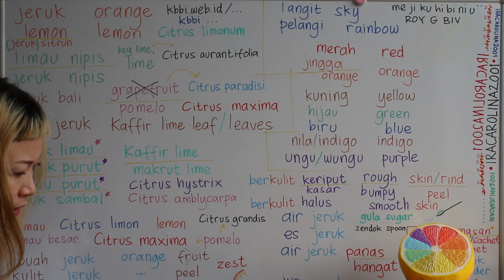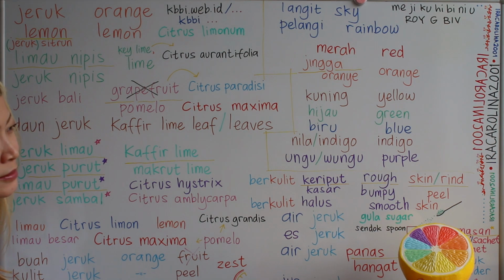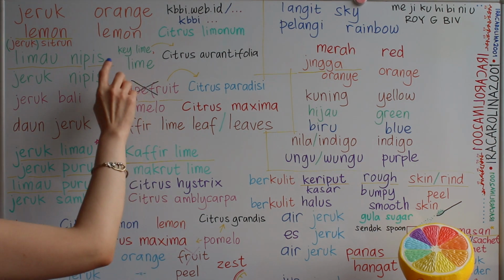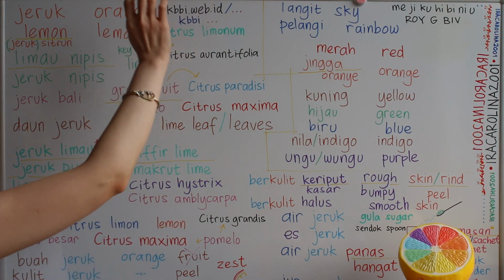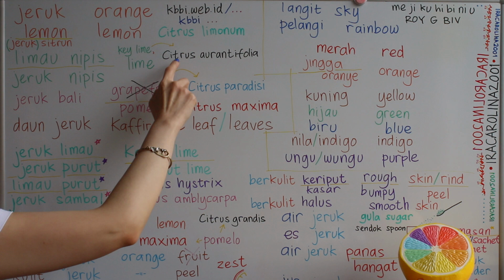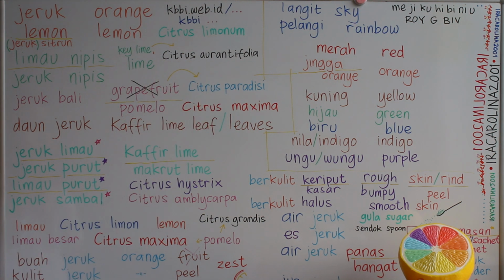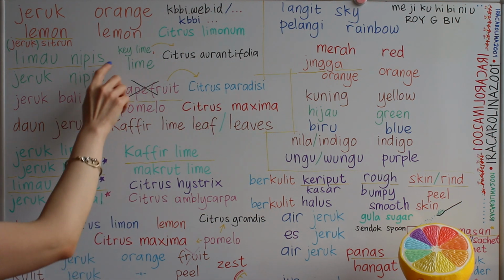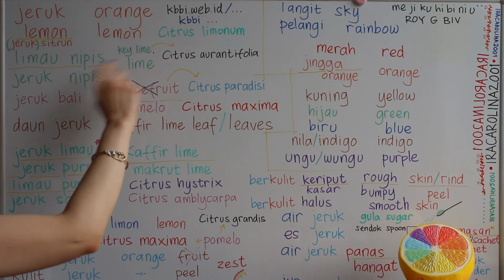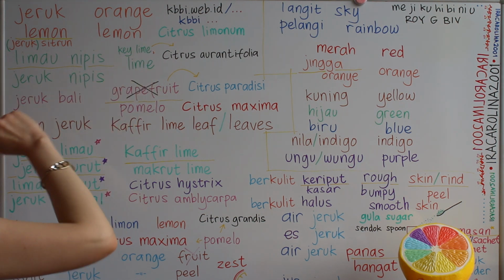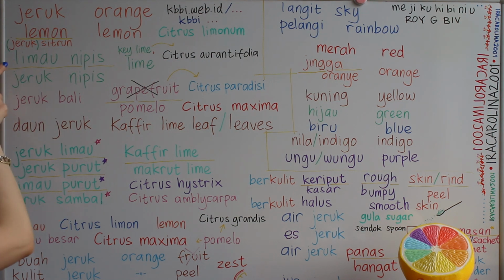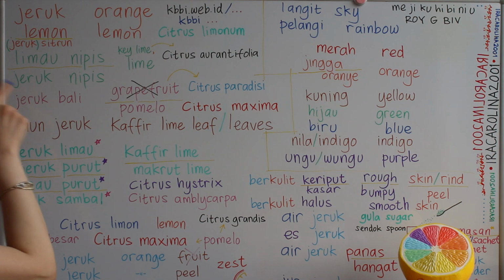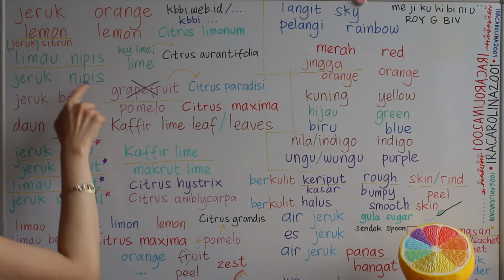Lime, in Indonesian language, is more into key lime, because I checked in the dictionary, it's more into Citrus aurantifolia. So it's more into key lime, smaller, but lime, key lime, we can translate it as limau nipis or jeruk nipis.